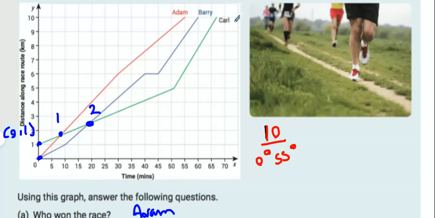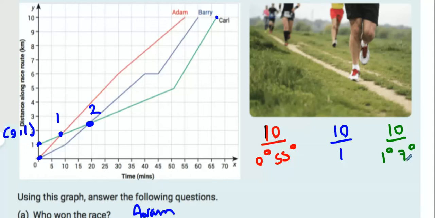And then the next one, 10 divided by. Oh, he did it in an hour, didn't he? Yeah, it was 1. And Carl, we have to estimate Carl, don't we? What did you guys estimate Carl at? 67-ish. Okay, so for Carl I do 10 divided by 1.7.